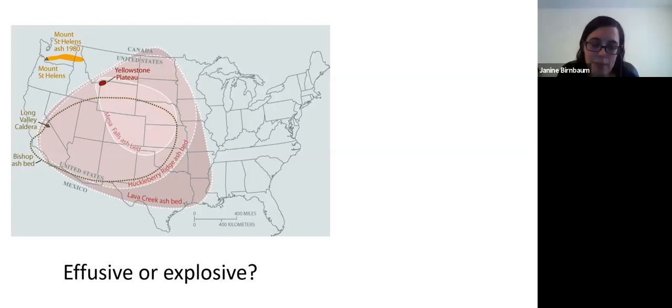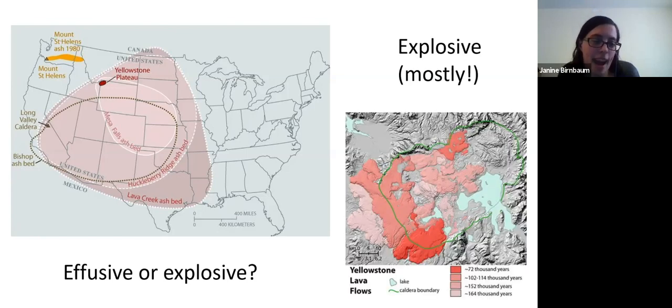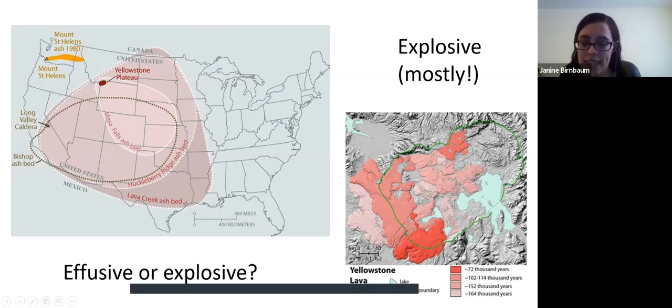Yeah, I mean, again, that balance is about right. So they are mostly explosive, which of course is why we see ash going really far away. But most of these eruptions also have an effusive component. So here on the right, this figure that's just arrived is the lava flows that are mapped at Yellowstone. So these are the effusive part of eruptions at that same volcano.